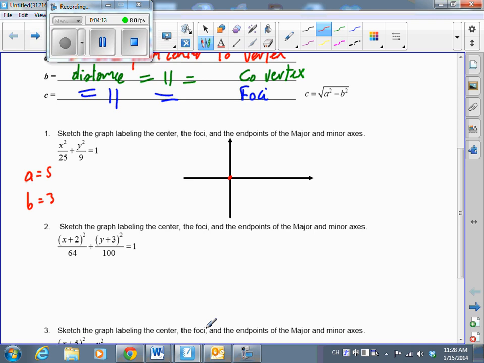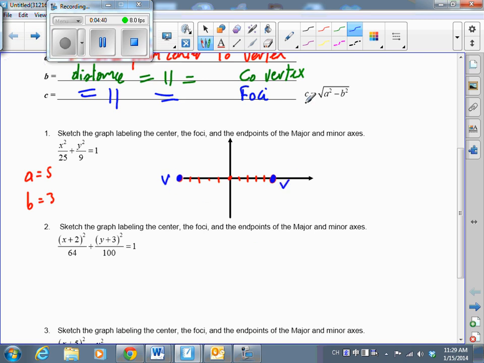Because it is horizontal, the big number is below x. That means you're going 5 and 5 on the x. So if I count 1, 2, 3, 4, 5, and I do also 1, 2, 3, 4, 5. What are those 2 points? Vertices. Usually I will put just a V there to say vertices.